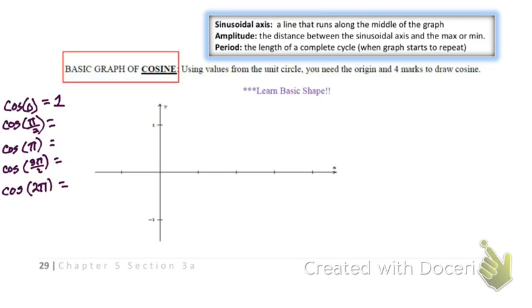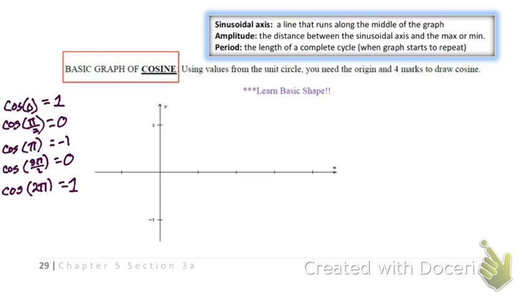That is at 0, 1, so this is going to be 0. Cosine of pi, which is 180 degrees, the one straight across, is that point -1, 0, so your cosine is -1. 3 pi over 2 is the one that's straight down, so that's 0, -1, which means your cosine is 0. And our final point is that 1, 0, so we're back at 1.